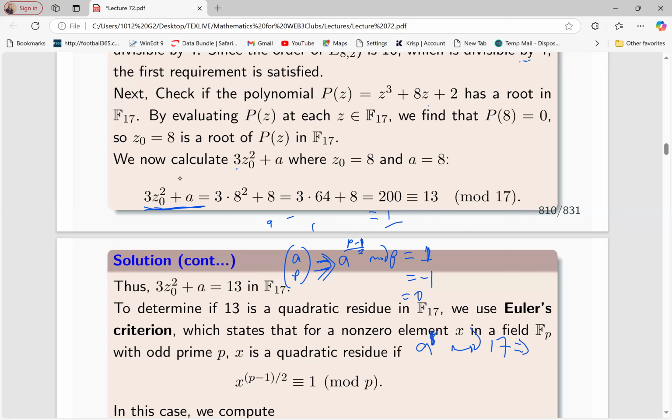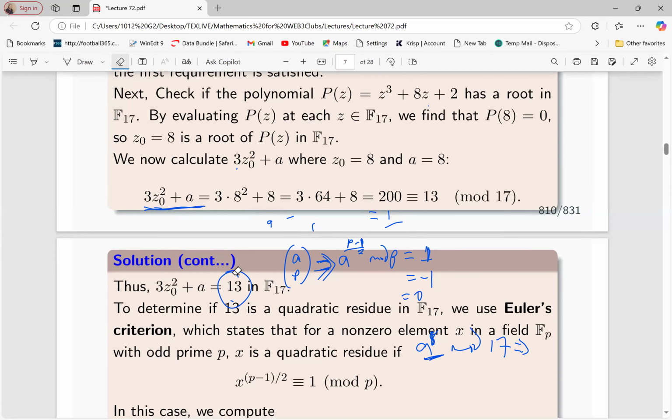So our A in this case is 13. So I want to see whether 13 is a quadratic residue. So it means 13 raised to 8 mod 17, what do you get? If you get 1, it means it has a square root. And so all the 3 conditions will have been met.